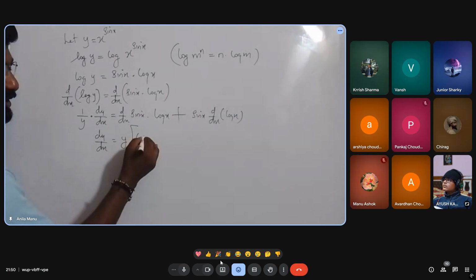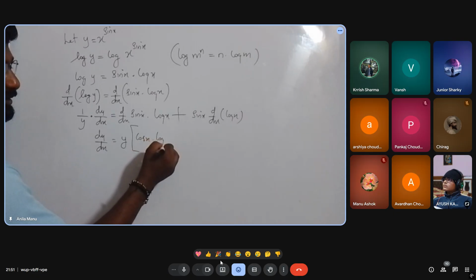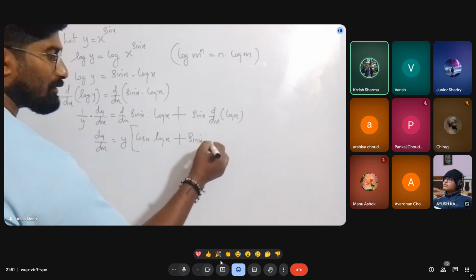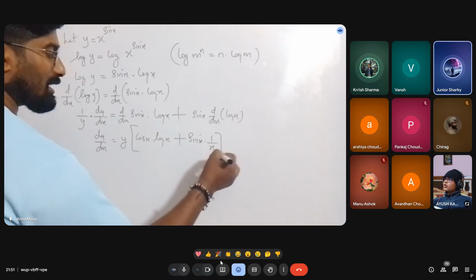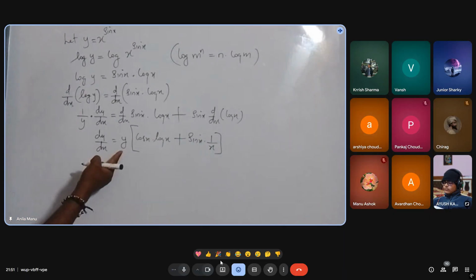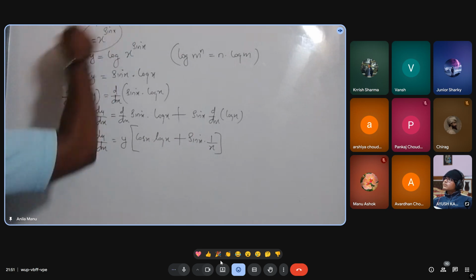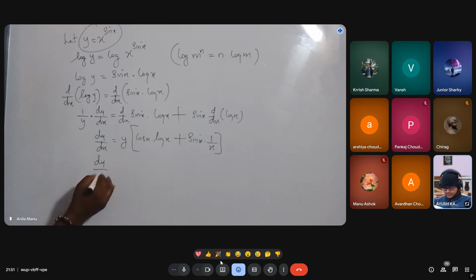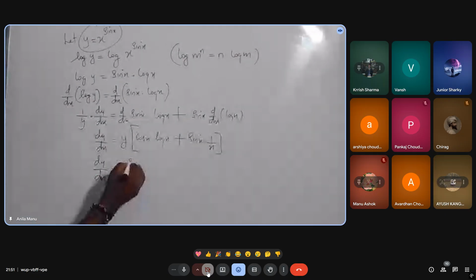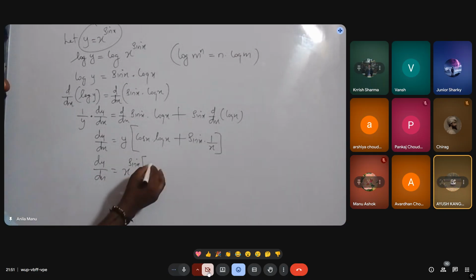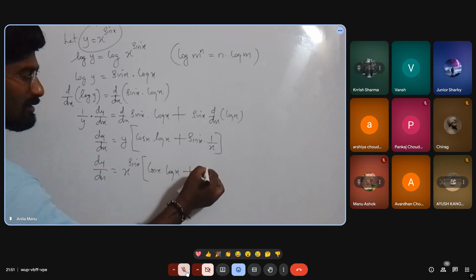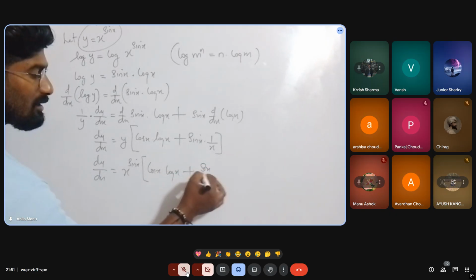Derivative of sin x is cos x, cos x into log x plus sin x into derivative of log x, 1 by x. Okay, now you have to give resubstitution. What is y in the question? Just x raised to sin x. So dy by dx is equal to x raised to sin x into cos x into log x plus sin x by x.